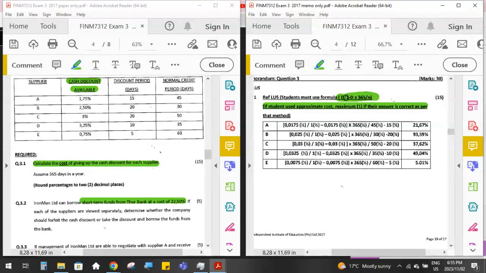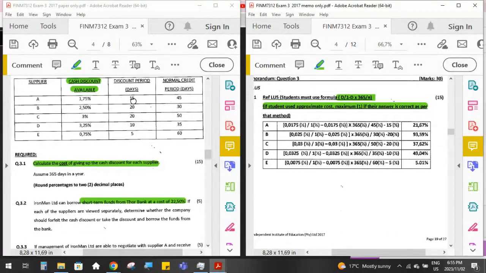So here's the formula that we must use, which is the cost of giving up the discount. D, which is the discount, 1.75 over 1 minus D, so 1 minus 1.75%, decimalized, multiplied by 365 over N. And N is the extra number of days. We should have paid within 45 days.